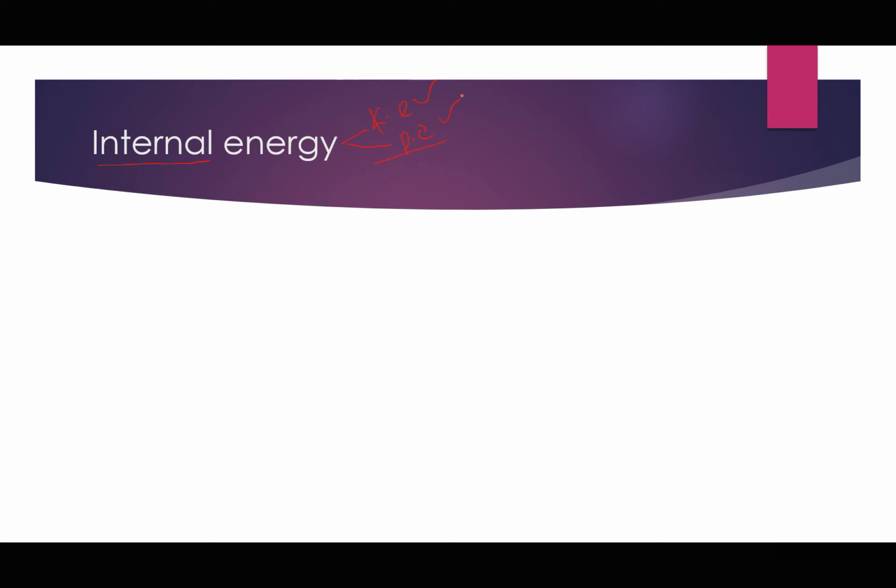You might be asking yourself what contributes the potential energy and what contributes the kinetic energy. So when we talk about the internal energy of a system, we are actually referring to the kinetic energy of all the molecules that make up the system and the potential energy of all the molecules that make up the system.